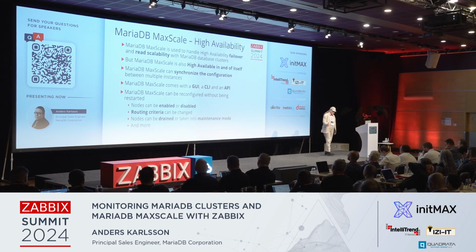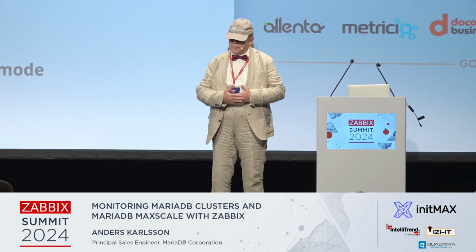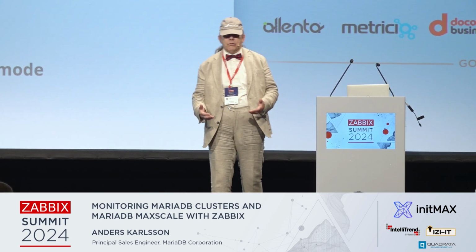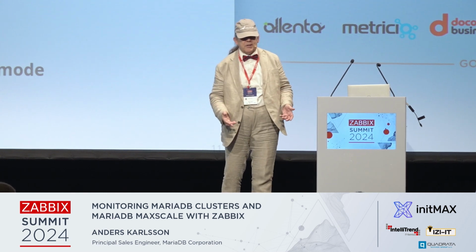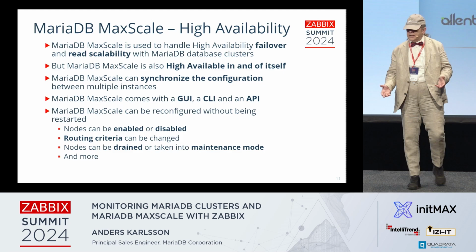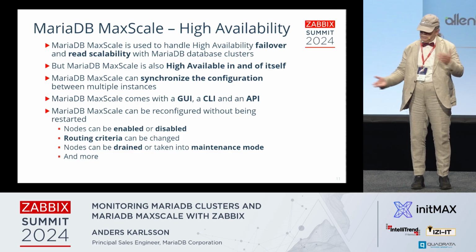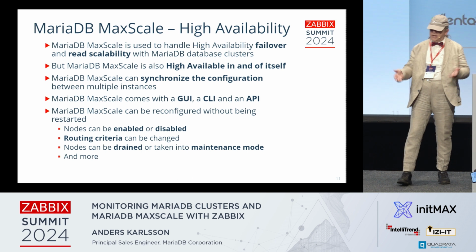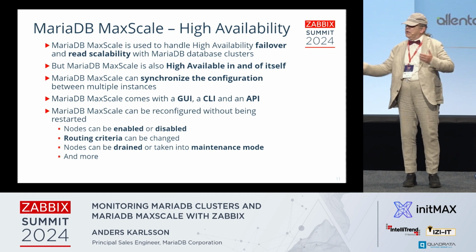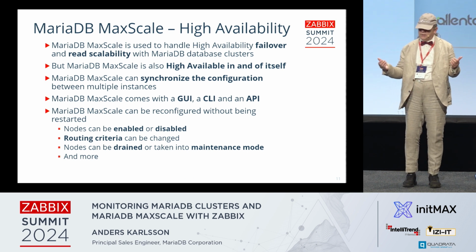Right. MariaDB MaxScale is there to implement high availability, but MaxScale is also highly available in and of itself. You can have multiple MaxScale instances. It's basically a stateless box in between your application and your server. It can synchronize its configuration between multiple instances.